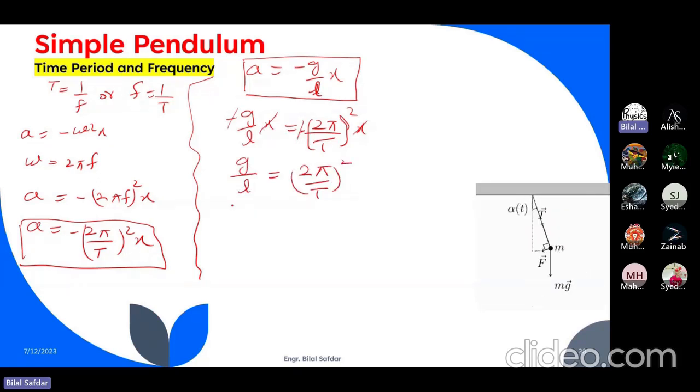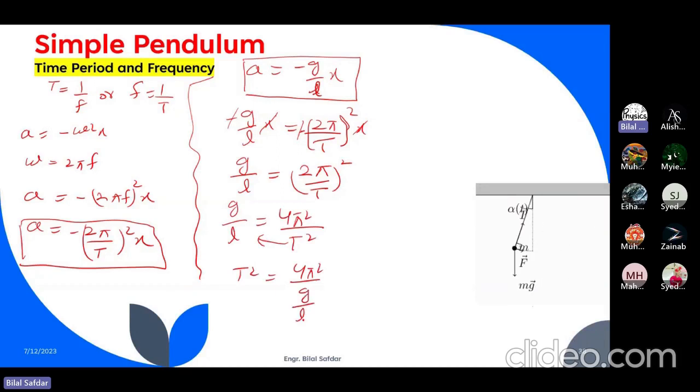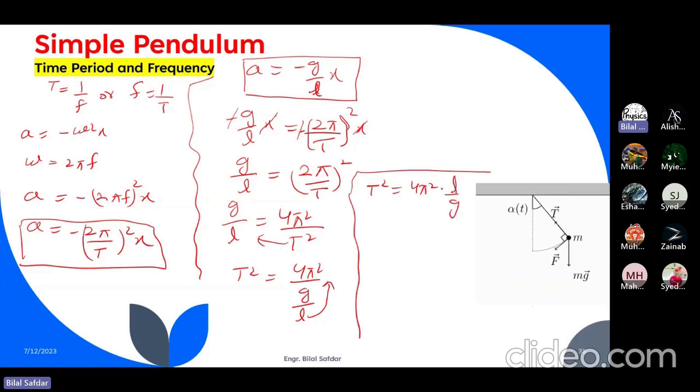Opening the square, g over L is 4 pi square divided by T square. We shift like the previous one, T square is equal to 4 pi square divided by g over L, and we move this L to the numerator, that is T square is equal to 4 pi square L over g, and then we take the square root.